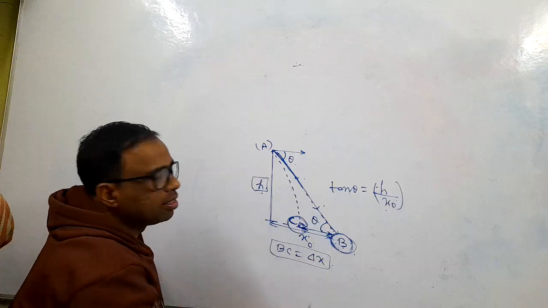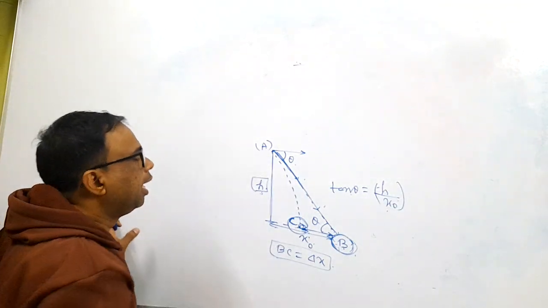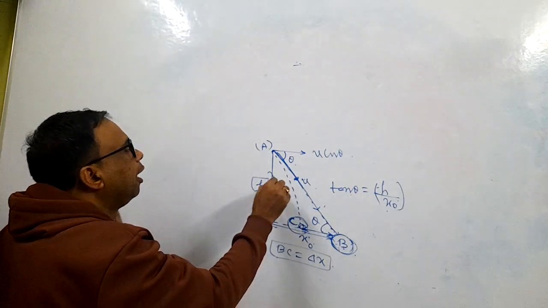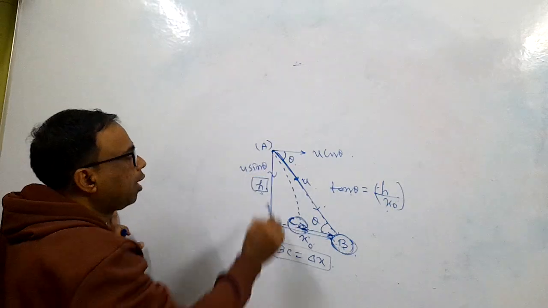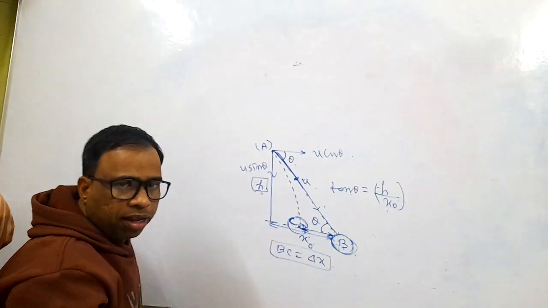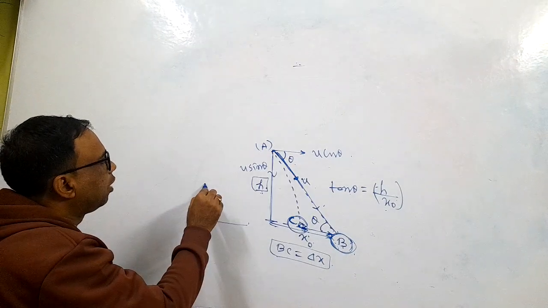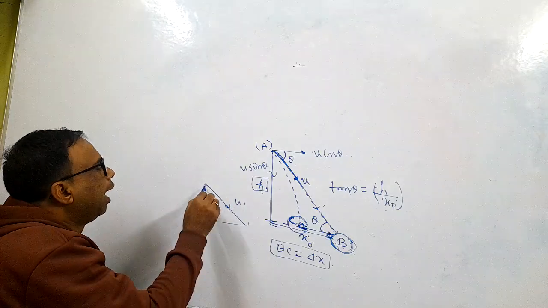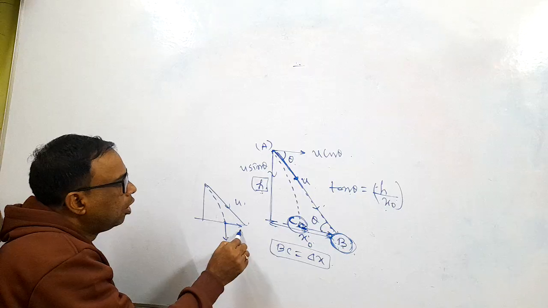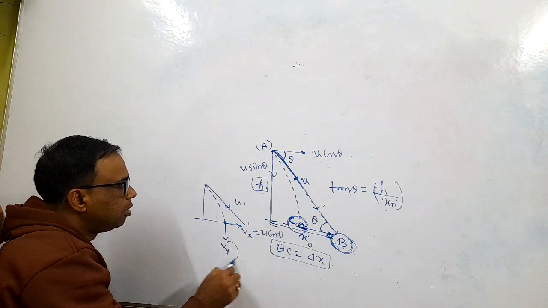And how can you find this del x? Easily. Again you have to find the time of flight. Suppose the initial velocity is u, with components u cos theta and u sin theta. When the projectile lands here, there must be some vertical velocity, and the horizontal velocity is the same, u cos theta. What is the vertical velocity?